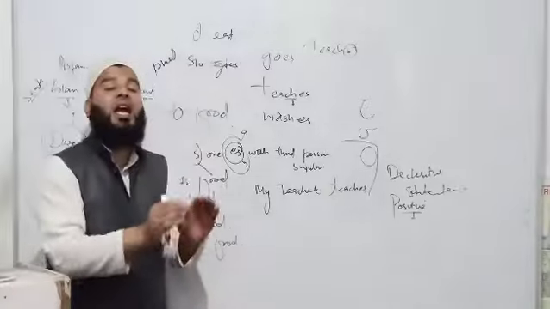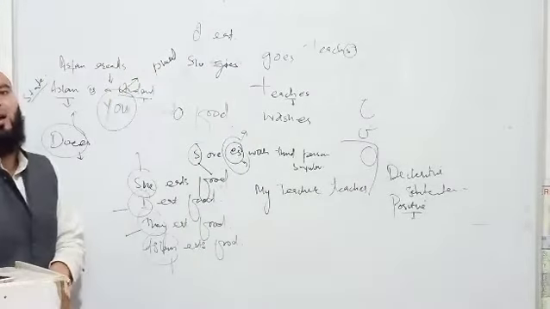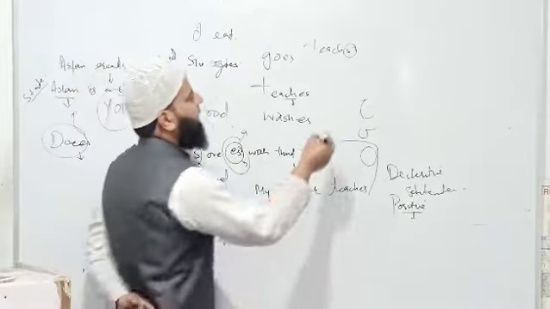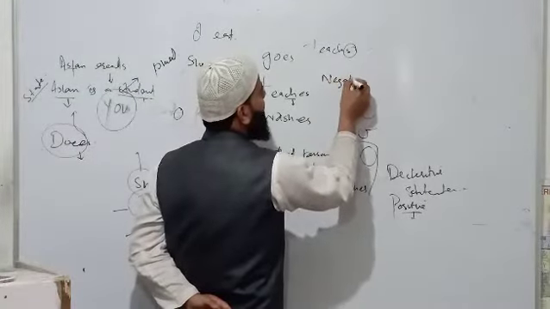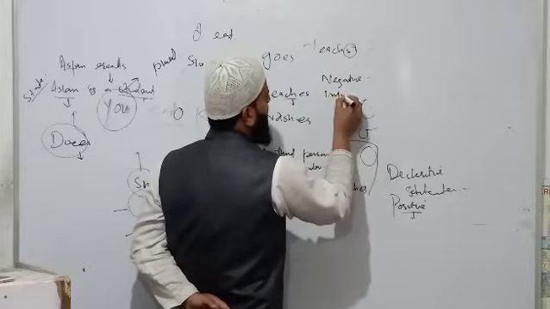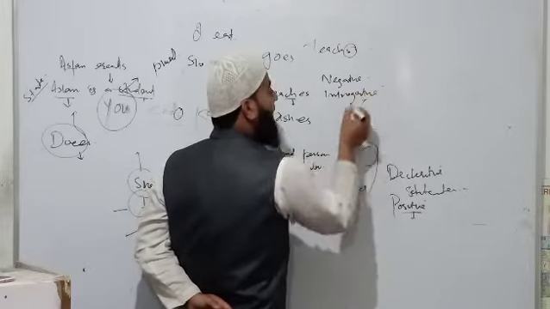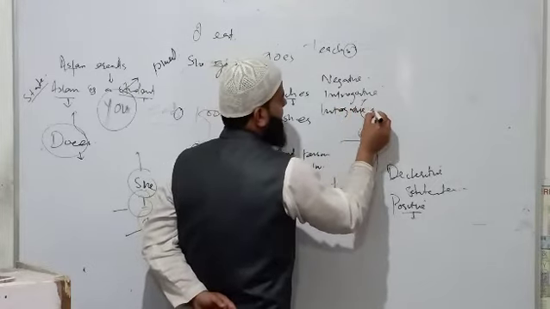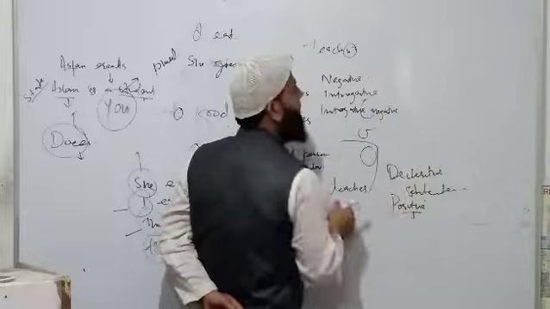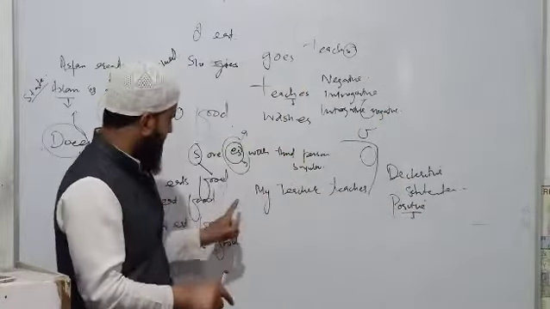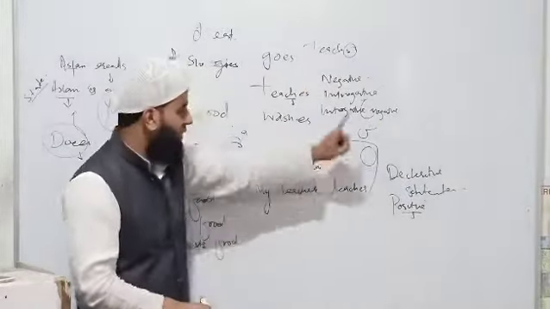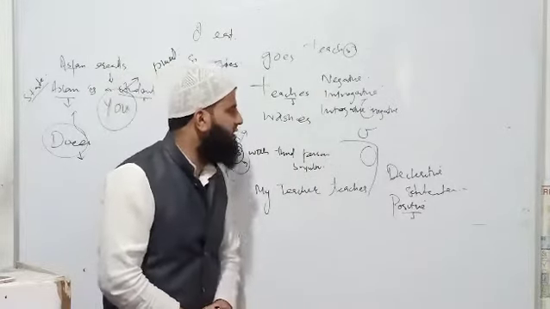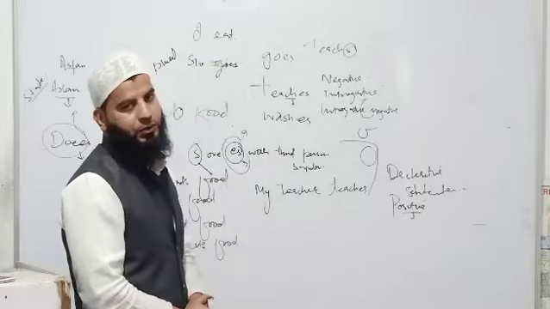I am telling you this because in present simple we have four kinds of sentences. Number one is the positive, number two is negative, number three is interrogative, and number four is interrogative negative.